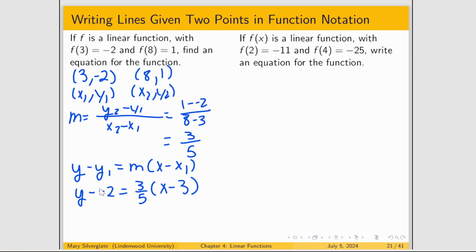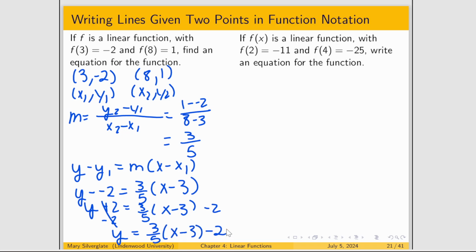I'm going to go ahead and change minusing a negative into adding a positive. And even though they didn't make me, if I just want to rearrange this to be y equals stuff, I could subtract 2 from both sides to undo addition. And I would be left with y is equal to 3/5 (x minus 3) with a minus 2 on the outside. And that's a nice, beautiful final form.